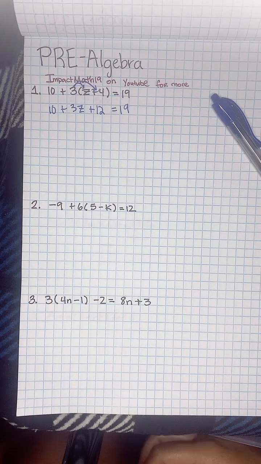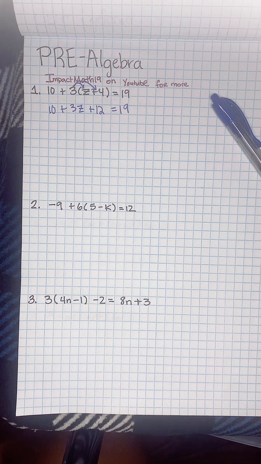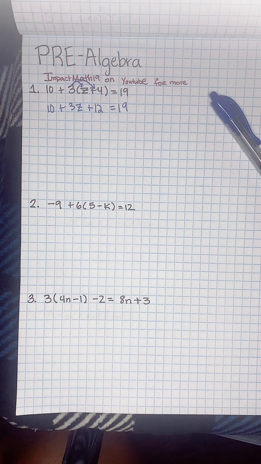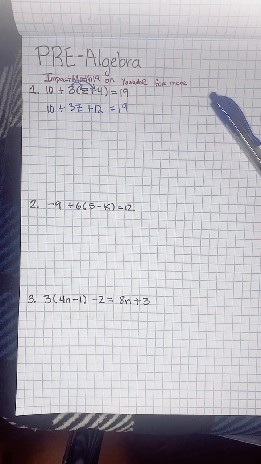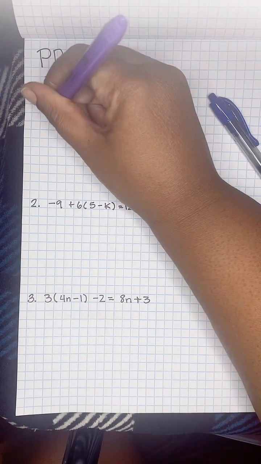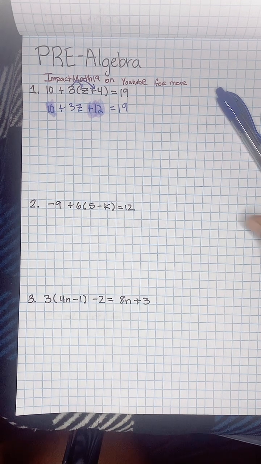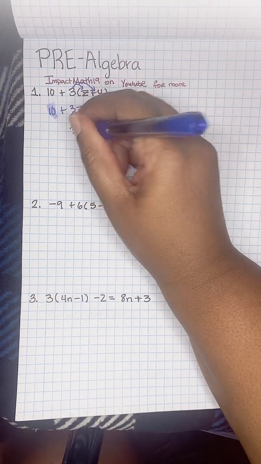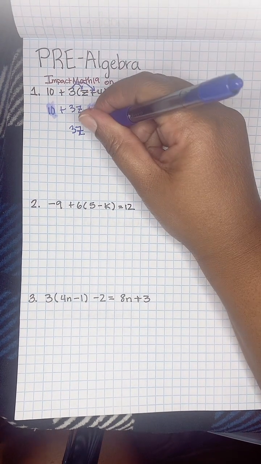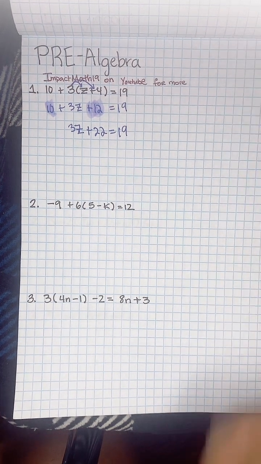Now, what can we combine? 3z plus 12, good. 10 and plus 12, wonderful. These are like terms, so I can combine them because they're on the same side. I can drop down my 3z, and then 10 plus 12 gives us 22 equals 19.